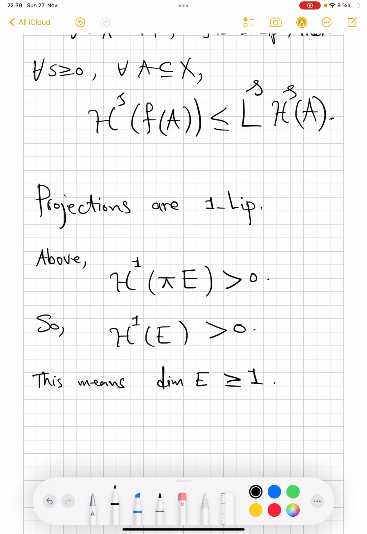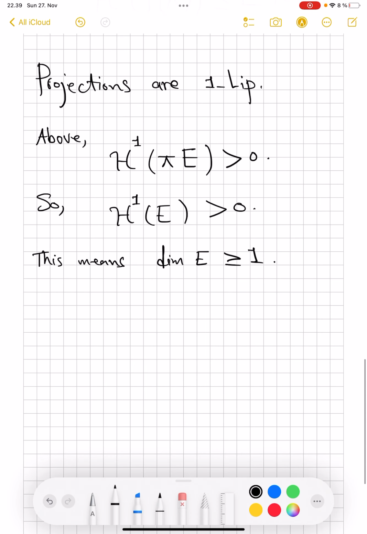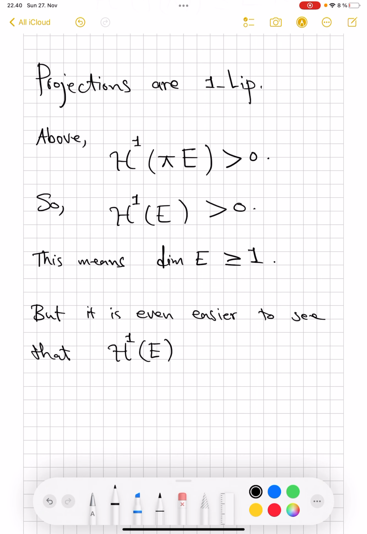Okay. Now we look at the upper bound, but it is even easier to see that H1 of E, did I say 1? Oh, right. Okay. So we saw that this is bigger than 1, and that implied this, but also we can see that this is less than a constant.